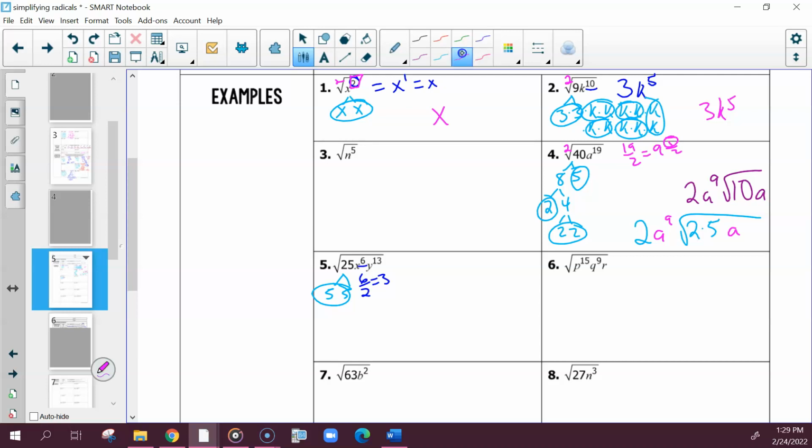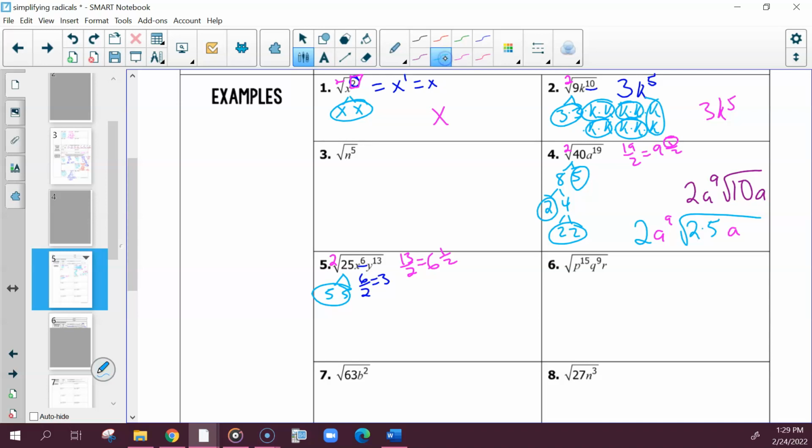Y is not an even number. So if I think about 2 goes into 13 6 times, there would be 1 left over.